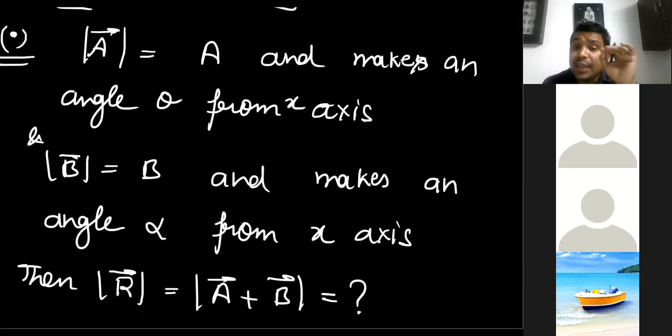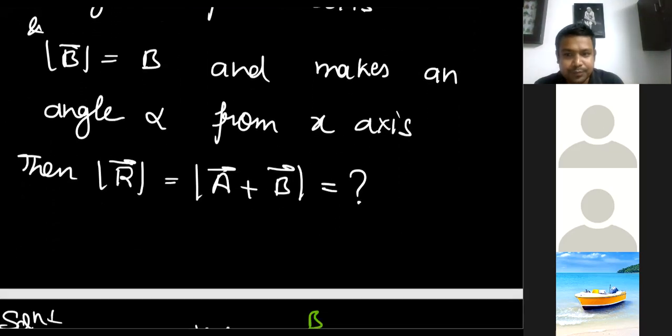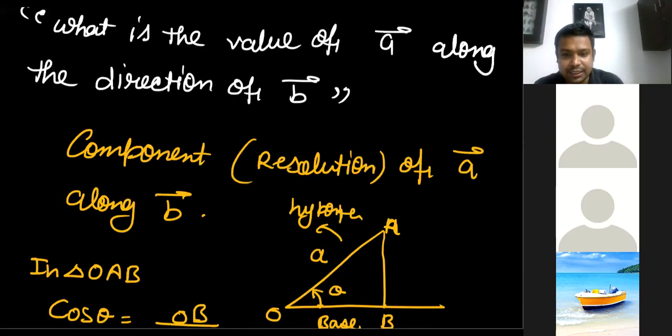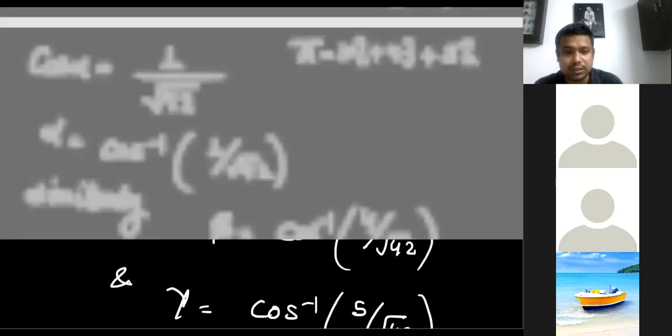Here the vector A makes an angle theta from the x-axis and vector B makes an angle alpha from the x-axis. Then find the magnitude of the resultant vector R, that is, the magnitude of vector A plus vector B. So, my dear friends, let us see how to solve this type of question with a very easy method.